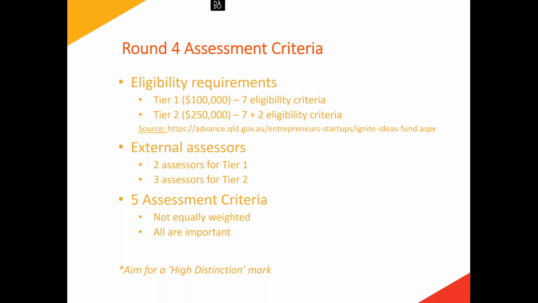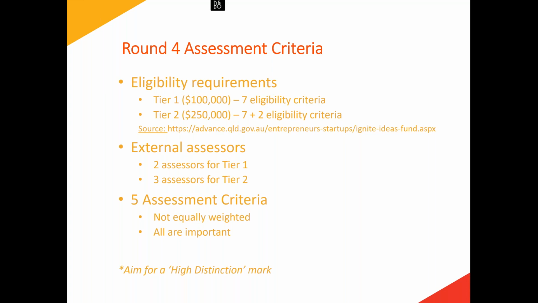We mentioned the external assessors. So Tier 1 has 2 assessors and Tier 2 has 3 assessors. So with the assessment criteria, and we'll go through those in a moment, they're not equally weighted, but keep in mind that all are important. And that final point there is aiming for a high distinction mark. It is a case of doing that.